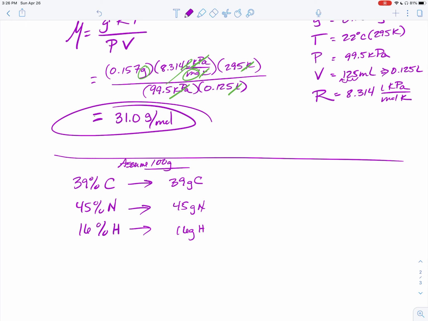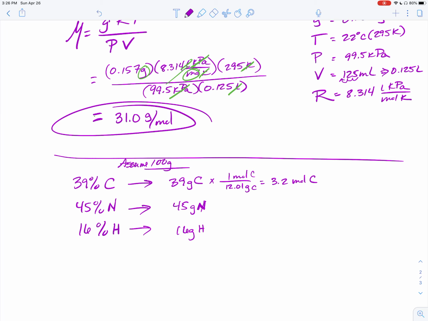And what you're going to do is convert each one of those into moles. To do that, for carbon, you're going to divide by carbon's atomic mass to equal 1 mole of carbon. And that's going to give you a value to 2 significant digits of 3.2 moles of carbon.